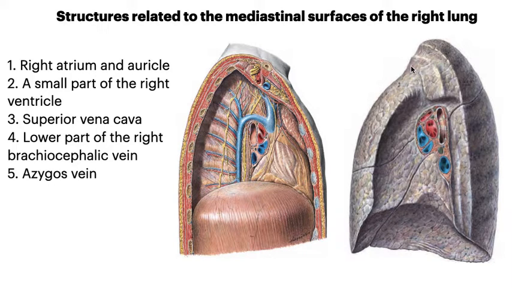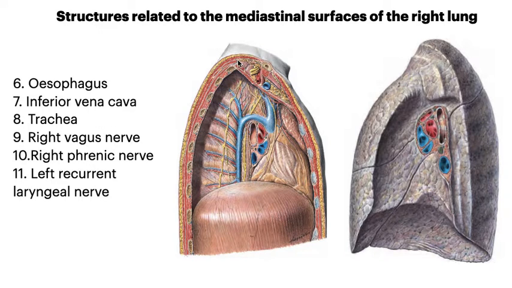This is the superior vena cava, you can see the impressions, the lower part of the right brachiocephalic vein, and this is your azygous vein over here. Also we have the esophagus, so the azygous vein, in front lies the esophagus, so this is the groove for the esophagus, the inferior vena cava, the trachea, right vagus nerve, right phrenic nerve, and the left recurrent laryngeal nerve.